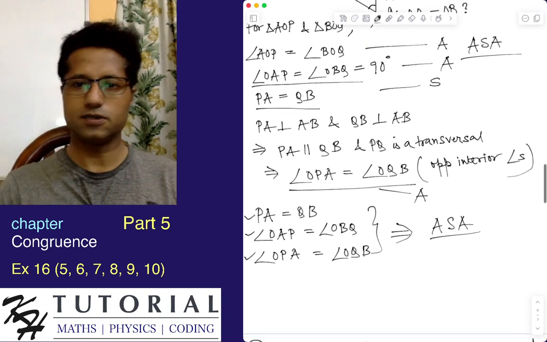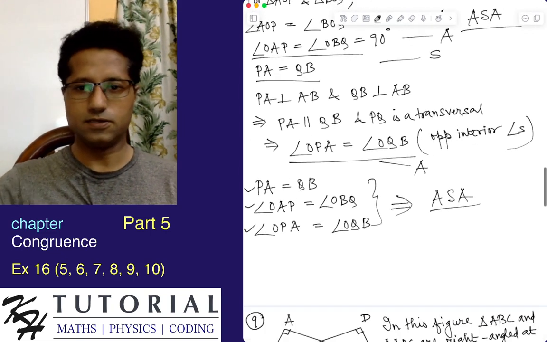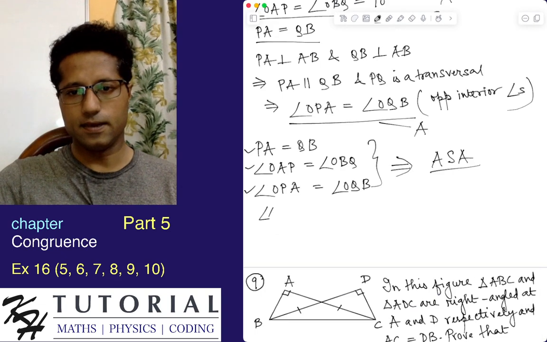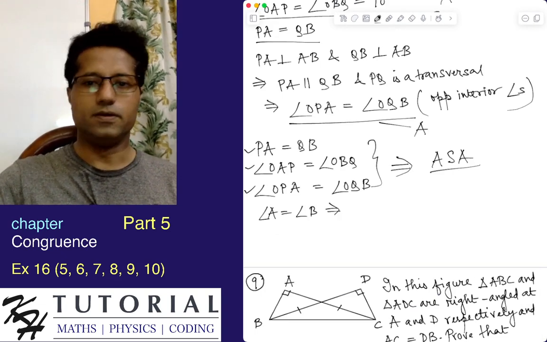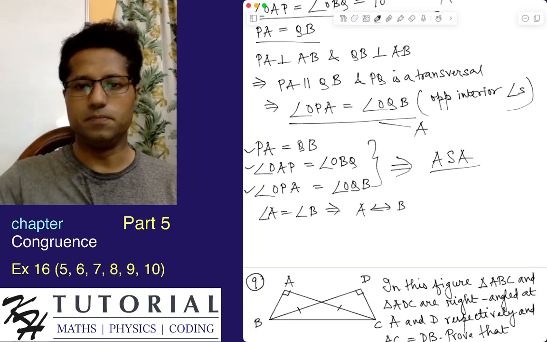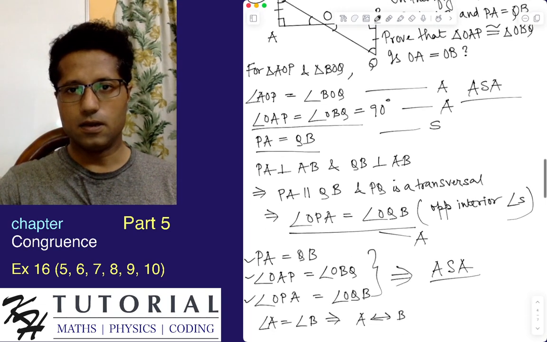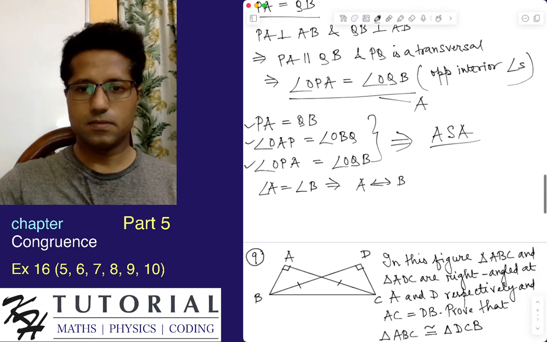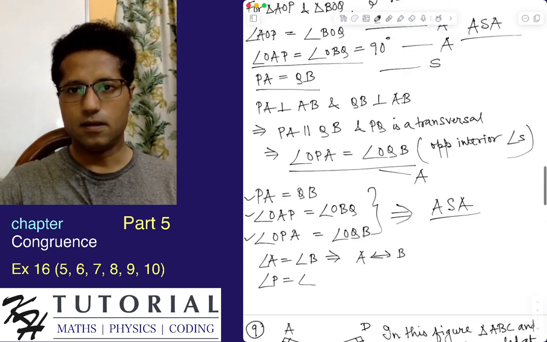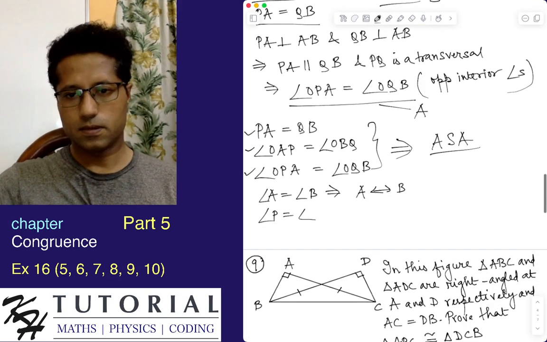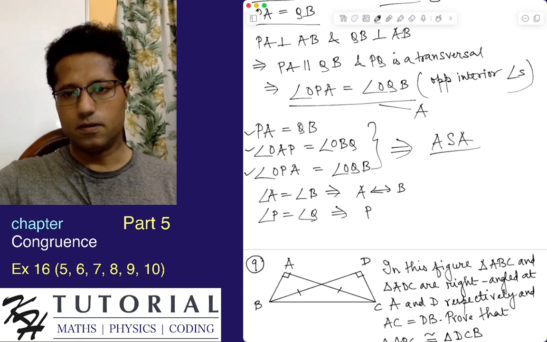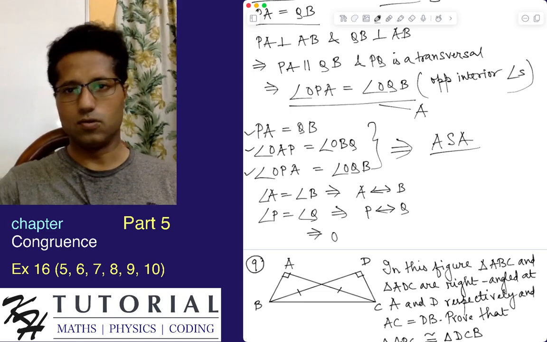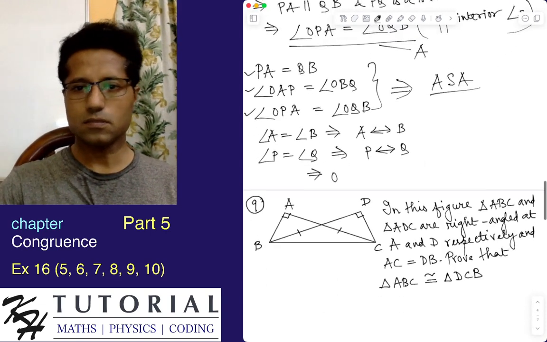And what will be the congruence relation? We see that angle A is equal to angle B. This will imply that A has a correspondence with B. Angle P, which is basically angle OPA, is equal to angle OQB, which is Q. This will imply P has a correspondence with Q, and the only vertex left is O, which is the common vertex in the two triangles, so it will remain the same.